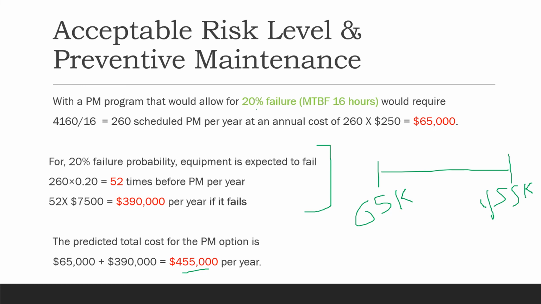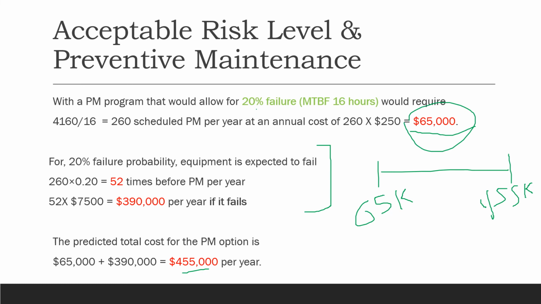The system doesn't go 52 times, because we never get to 16 hours of operation time, because the preventive maintenance activity always checks and replaces any kind of worn out or risky part of that system. So you will be spending around here most of the time.